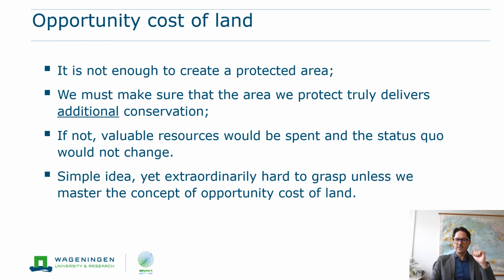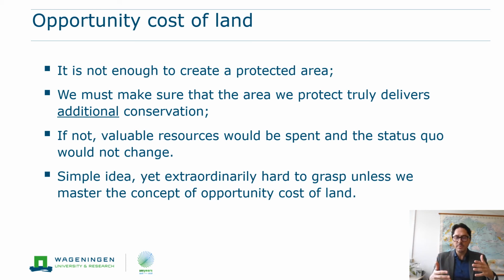What have we learned from this simple thought exercise? So it's not enough to create a protected area. We must make sure that the area we protect truly delivers additional conservation. If not, you're putting valuable resources into an activity that is not giving you anything additional. In the case of protected area B, that land would have been protected in any case.